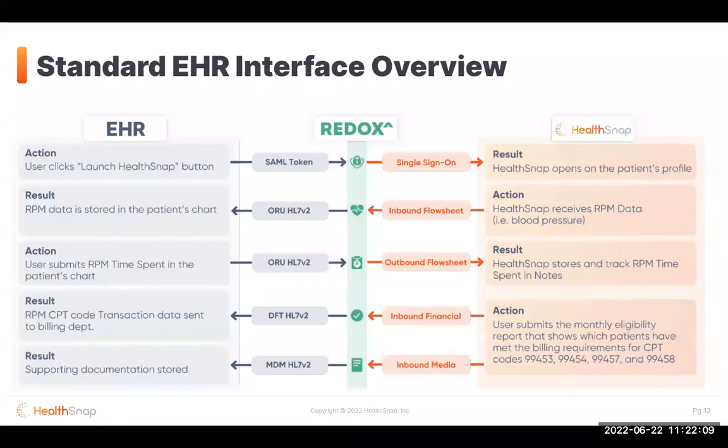Outbound flow sheets, so the ability for a user submitting an encounter note documentation within the EMR to push that to HealthSnap, making sense of that data so we can appropriately bill at the end of the month. And then finally, our inbound financial: the ability to automatically enter those charges and submit those claims following provider review, and then with the inbound media, having all the supporting documentation to bill out for those codes.